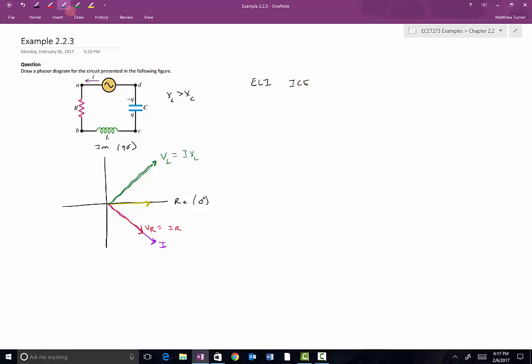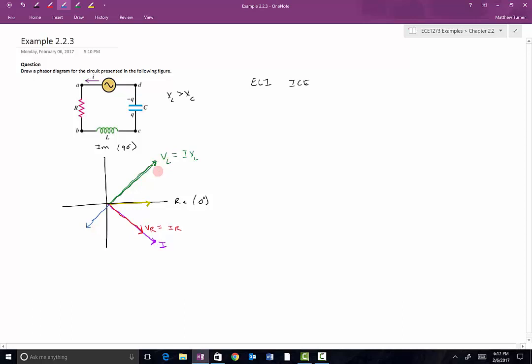In a purely capacitive circuit like this little part right here, there's a 90-degree phase shift, so there needs to be 90 degrees between the current and the associated capacitor voltage. And I has to lead V, so that means there needs to be a 90-degree angle this way.